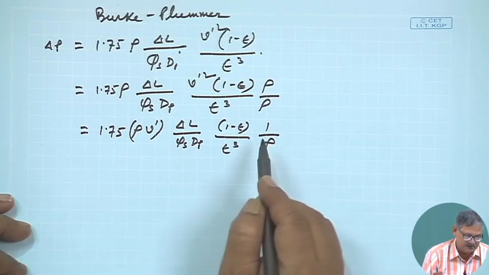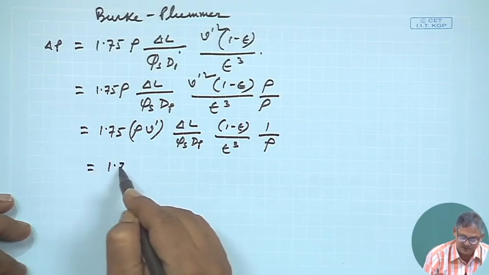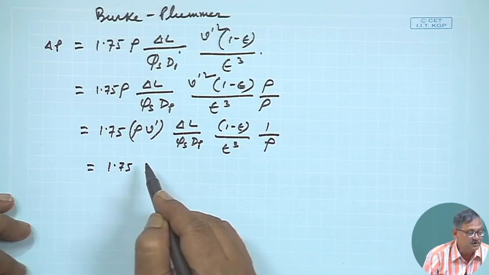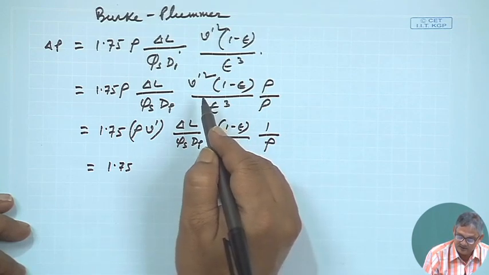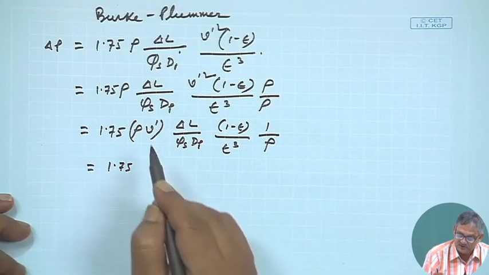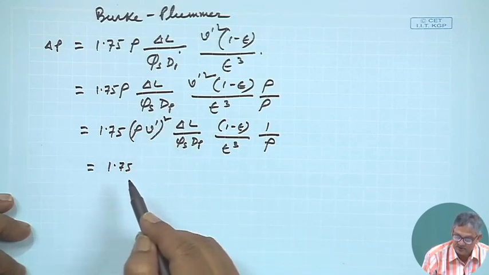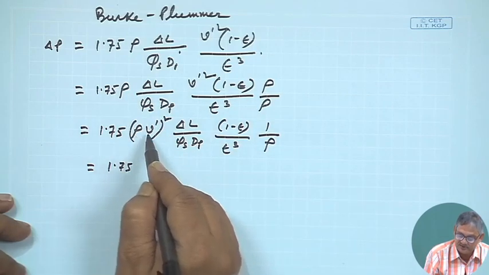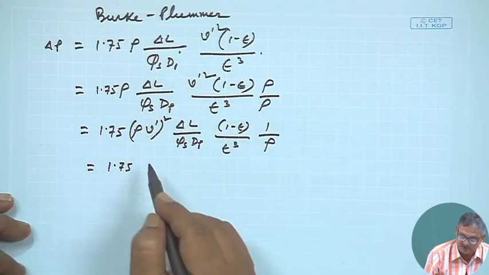So this is equal to 1.75 G prime square, because this is rho V prime square.